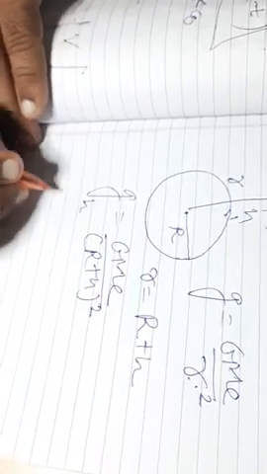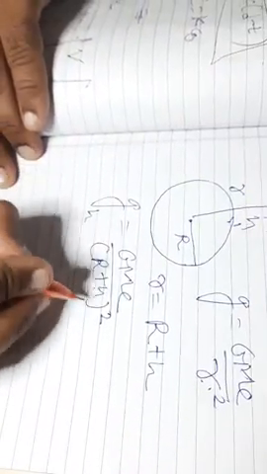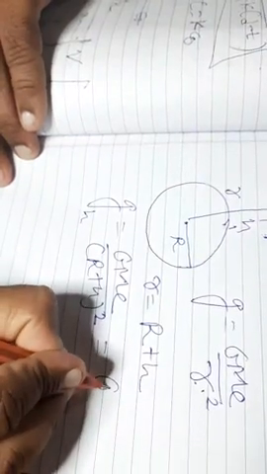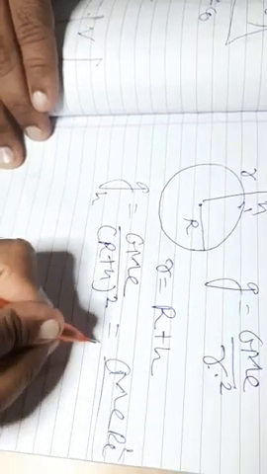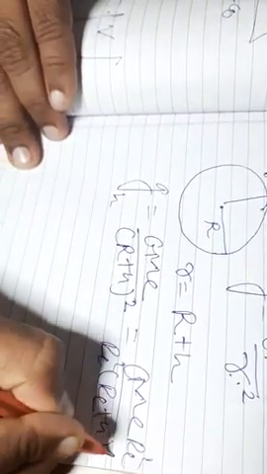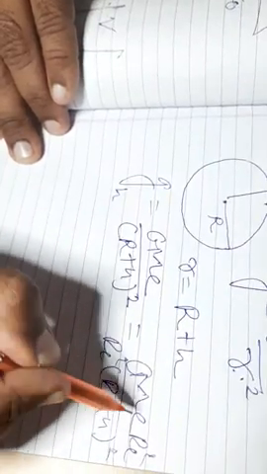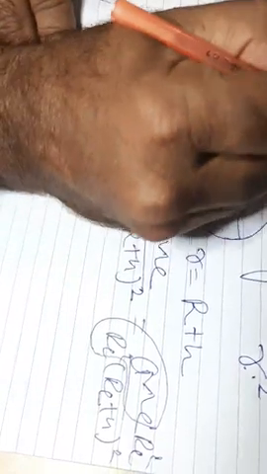Now in this equation, if I divide and multiply with Re, what do I get? GMe into Re square upon Re square, Re plus h the whole square. Now see, this part represents g on the surface of Earth.